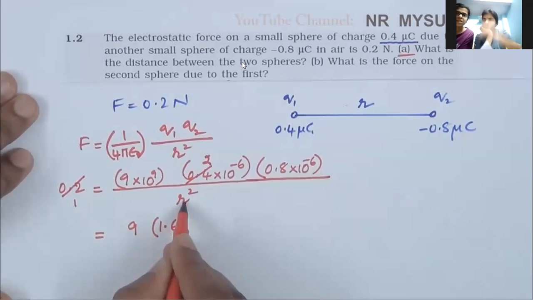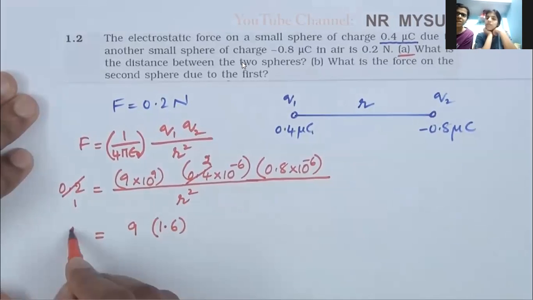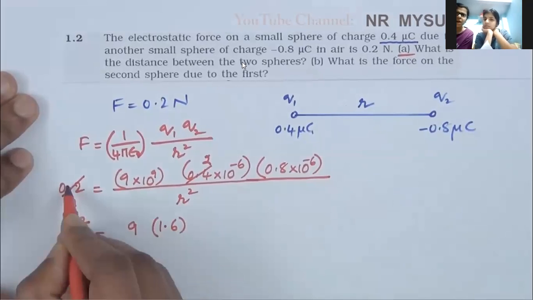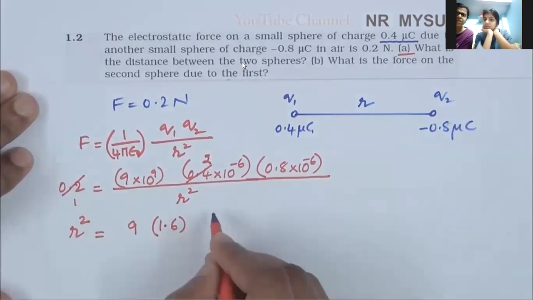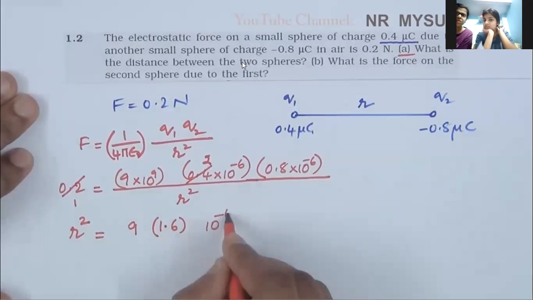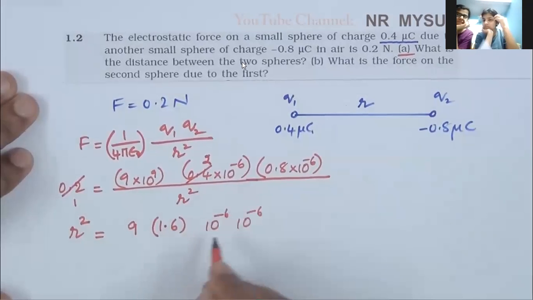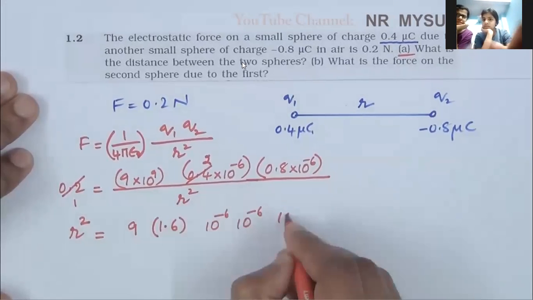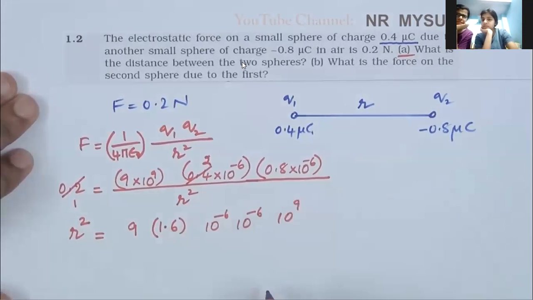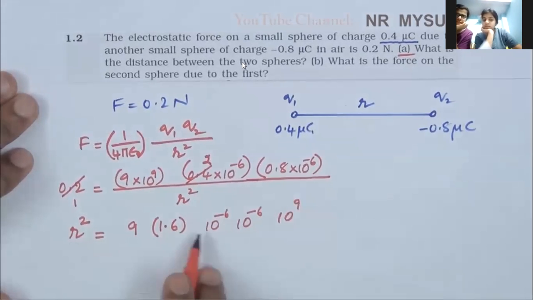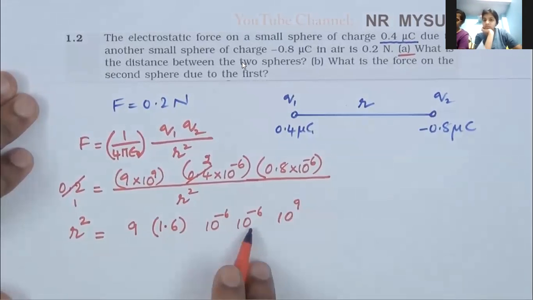Since I want r, take this r squared. Remaining is 10^-6, 10^-6, and this is 10^9. If we take the square root, we can take the square root for all this, not for this.